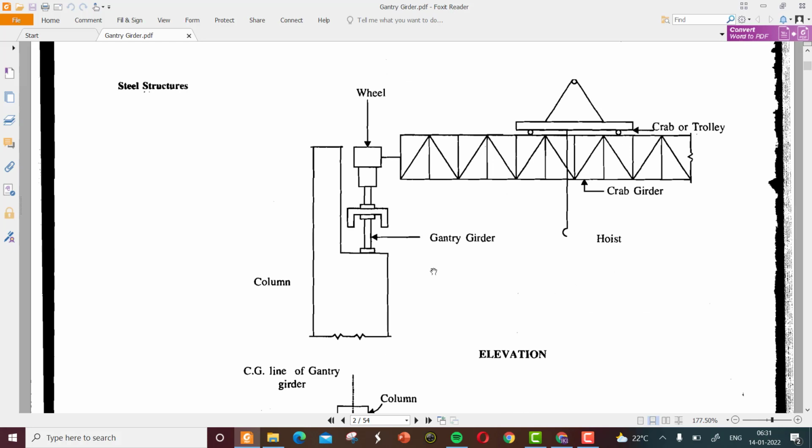So now it will be easily readable by you that we have the column here on the left side, which is a stepped column. Stepped column means the column width varies as the height increases, and this is called the gantry girder.